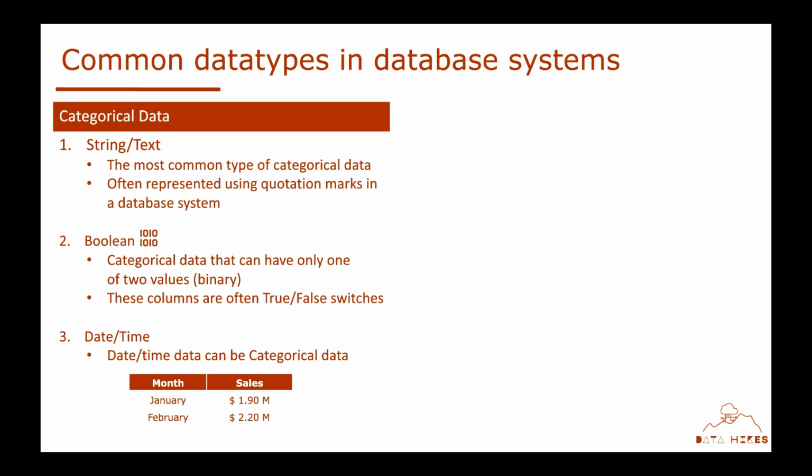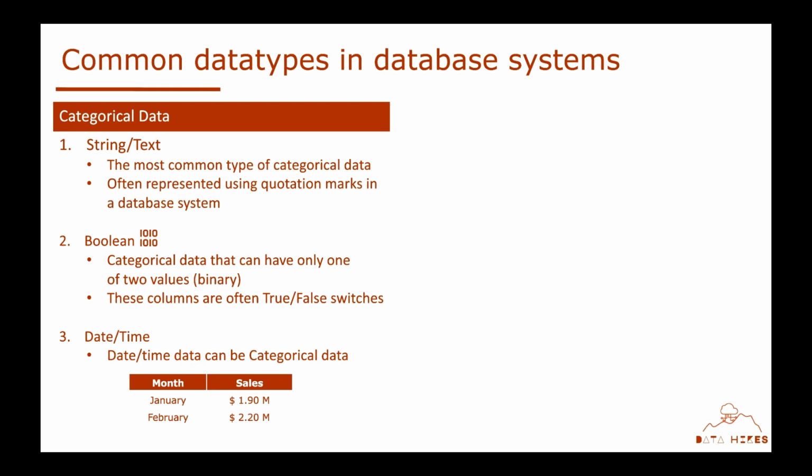What is Boolean? Categorical data that can have only one of two values, is binary. These columns are very often just true or false switches. So, there may be a column which says is capable of holding more goods. I mean, a column name should not be that big, but okay, the column name may simply be is at capacity, question mark.